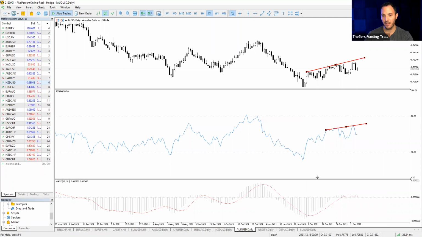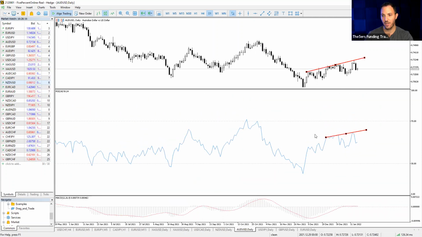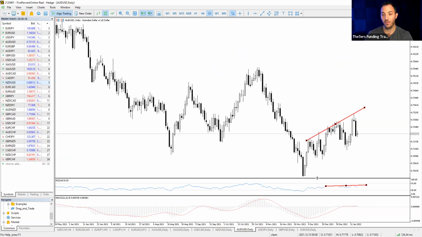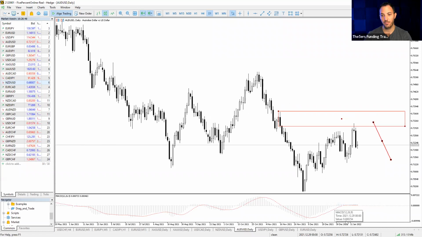And also in the MACD, I don't see the divergence here, but I do see how these highs are not getting significantly higher. So I don't expect this to continue higher. If we push higher one more time, we will meet this supply, and then I expect a movement down. Okay, let me get rid of these indicators.